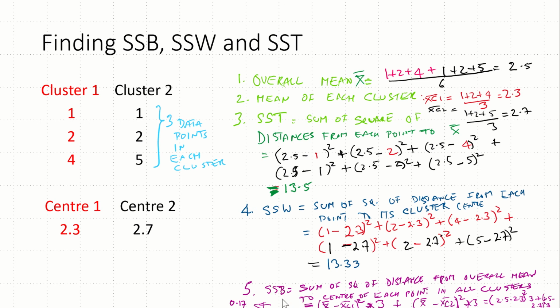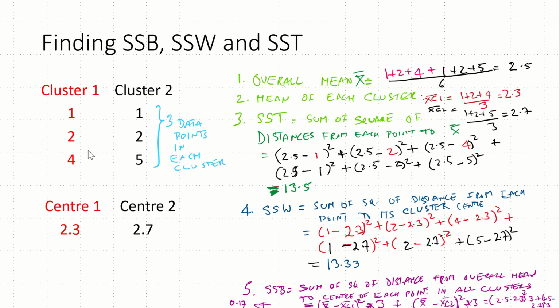Finally, the sum of squares of the distance between clusters is the sum of squares of the distance from the overall mean to the center of each point in all clusters. That is given by x double bar minus xc1 bar squared times 3, plus x double bar minus xc2 bar squared times 3. We multiply by 3 because we have to find the sum of squares from the overall mean to the center of each point. The center of this point is 2.3, and similarly the center of this point is 2.3.